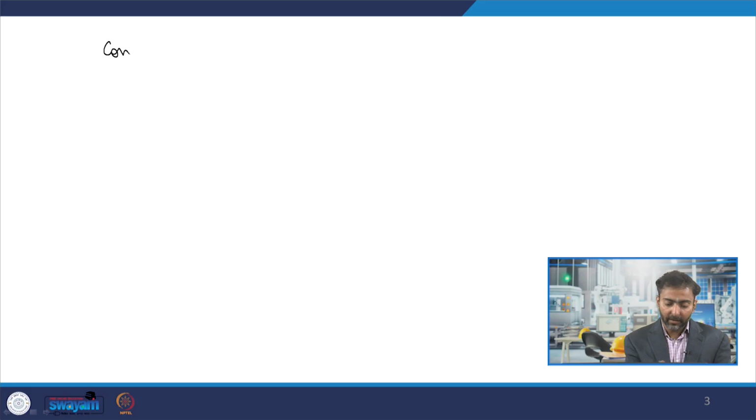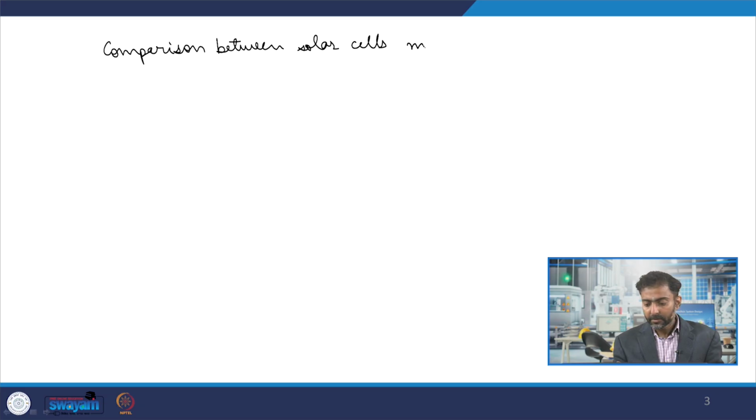Another question arises: why do we need a reference spectrum at all? Let us say we want to compare the operation of different solar cells, measured at different times and locations.